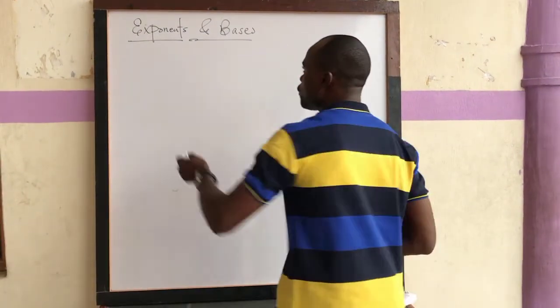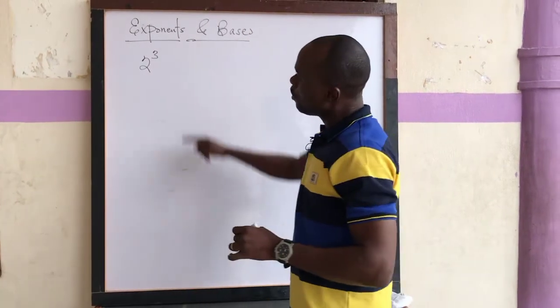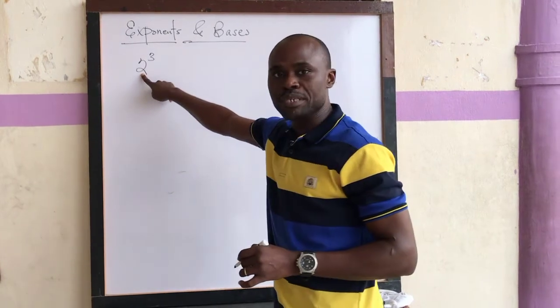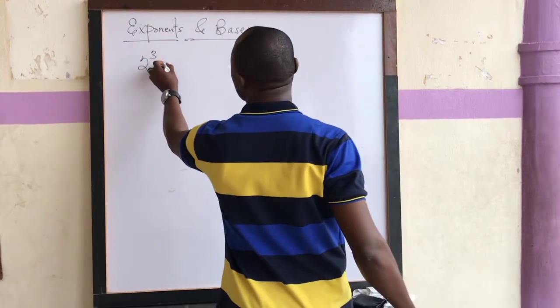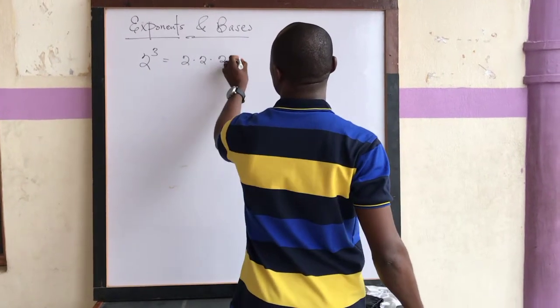For instance, I'm sure you've seen something like 2 raised to the power of 3. So the number written up here is a power, and the number written here is what we call the base. This can also be expressed as 2 times 2 times 2, and that gives us 8.